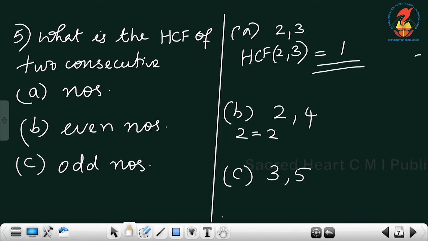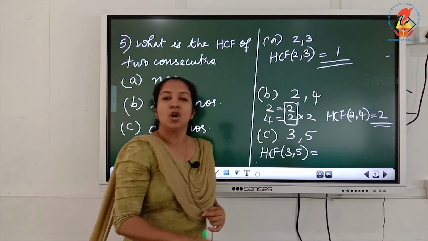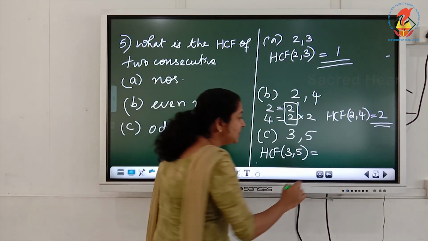So we can write 2 as 2 itself and 4 as 2 into 2. So from these two what can we take? 2. So HCF of 2 and 4 is equal to 2. Then 2 consecutive odd numbers, 3 and 5 I am taking. So HCF of 3 and 5, no other common factor except 1. So it is 1.